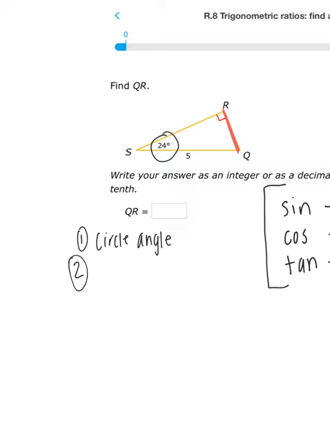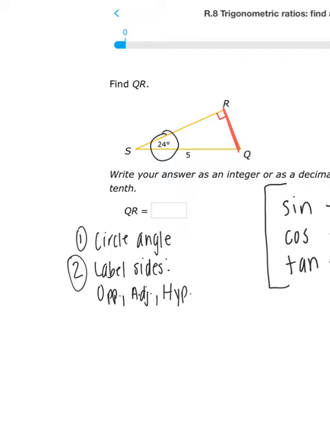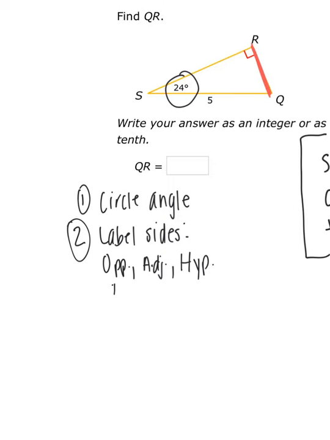Step two, I label my sides. I'm going to label the sides of this triangle. Remember, we label it O for opposite, A for adjacent, and H for hypotenuse. Just to refresh, opposite is the one across from the angle, directly across from the angle that you circled.